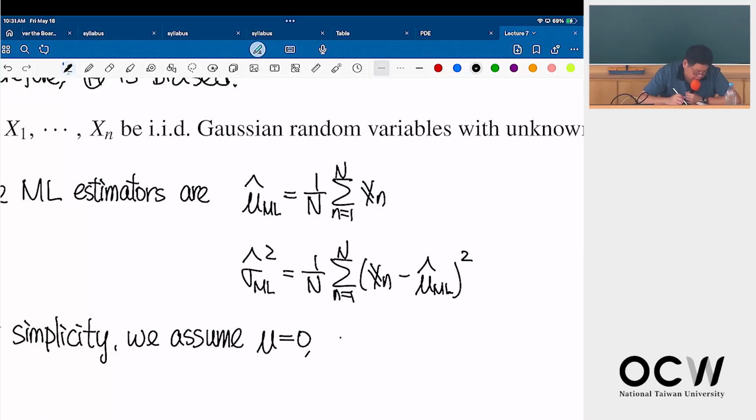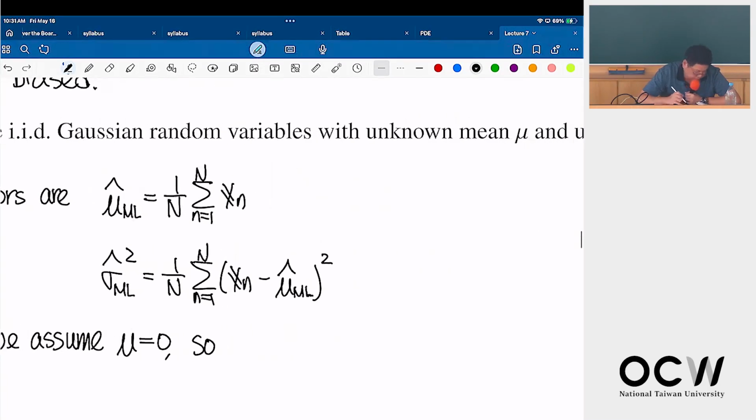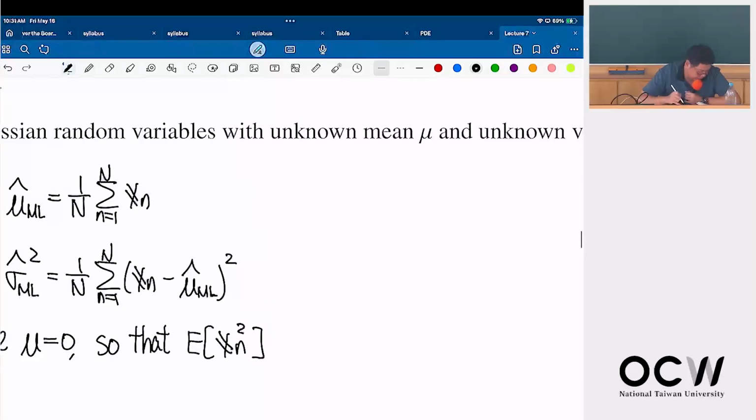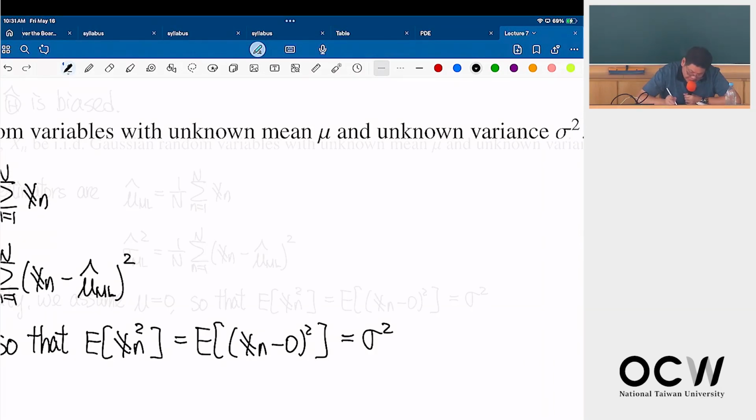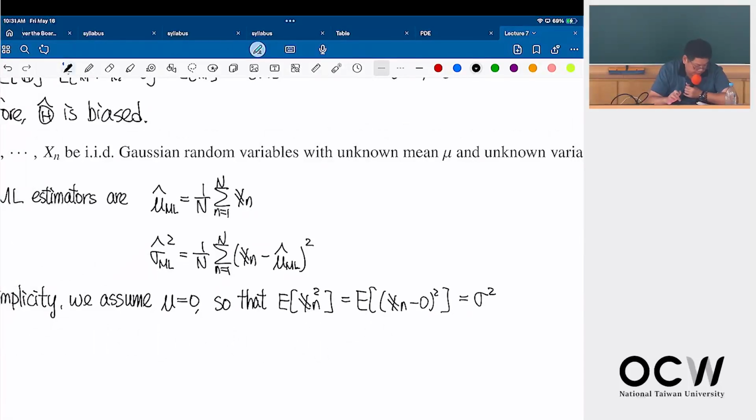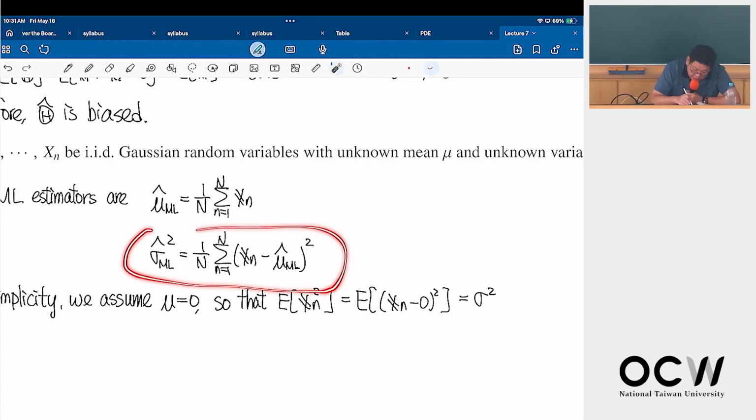So the second moment, expectation of xn squared, is equal to, because the mean is 0, your variance. Okay, so now let's take a look at this maximum likelihood estimator of the variance.